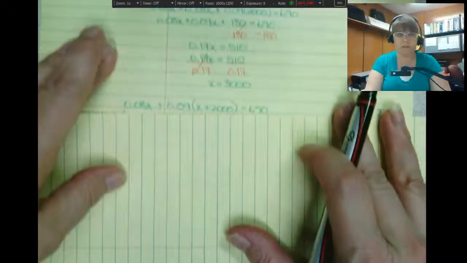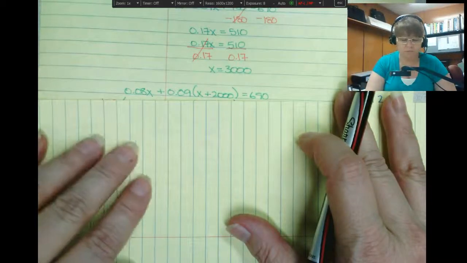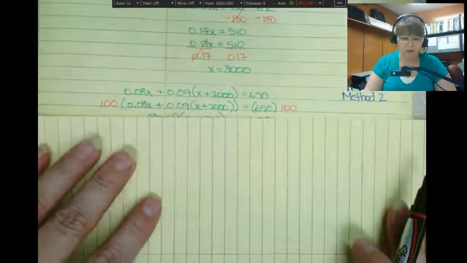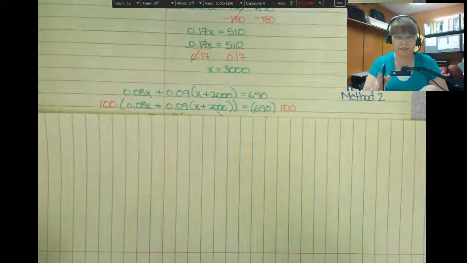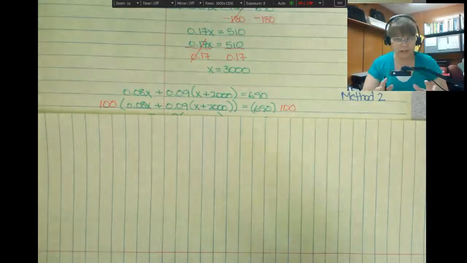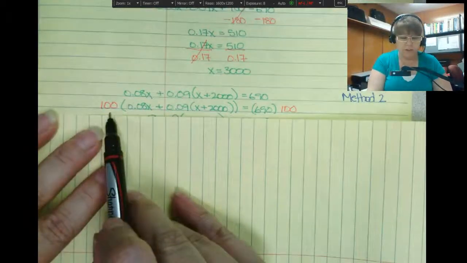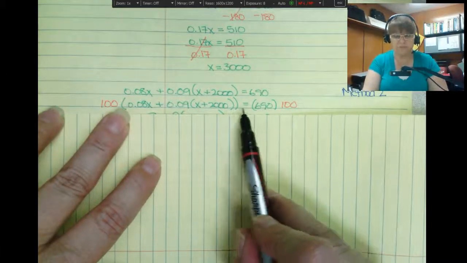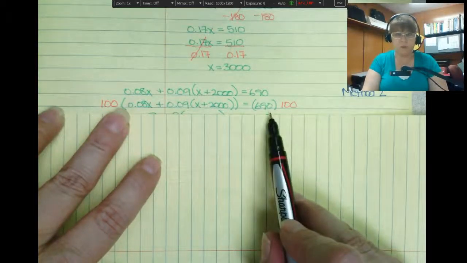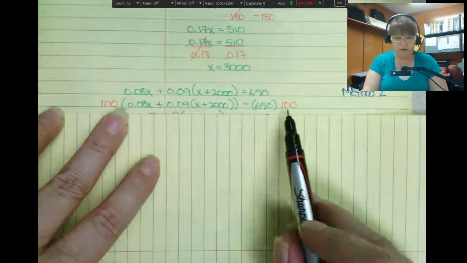So let's restate our problem. Now I'm going to multiply the left-hand side by 100 as well as the right-hand side by 100. The whole entire side. 100 times the whole entire left-hand side equals the right-hand side times 100.